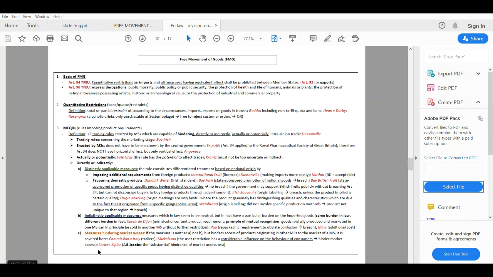As we have already seen, the definition of MEQR is very wide, and any measure which has the effect of at least potentially hindering trade will fall within that definition.